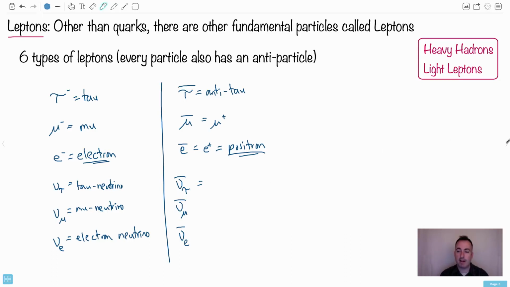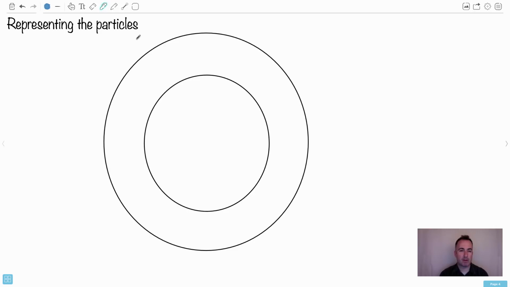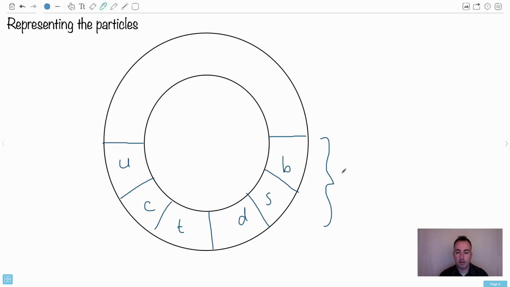And very finally then, I think we have a nice way we can represent the particles. If we write sort of a line like this right here, then we can actually write them all down. So I like to put the U and C and T, and we'll split them up, and we'll put D, S, B. So these are all the different particles we know of. This is like our zoo of particles here. These are the quarks, aren't they?